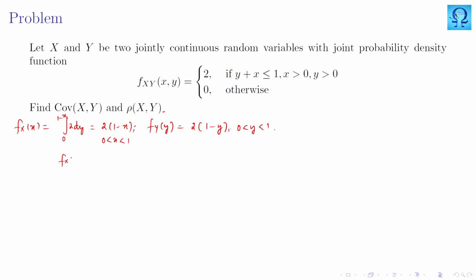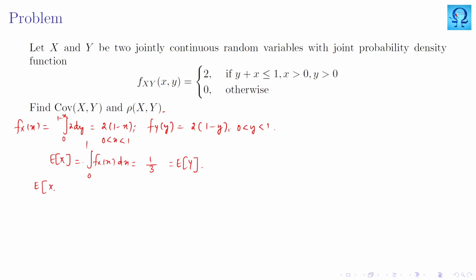Now, let us calculate E of x, that is the integral from 0 to 1 of x times f of x dx. If you calculate it, we get 1 upon 3, which is the same as the expectation of y.